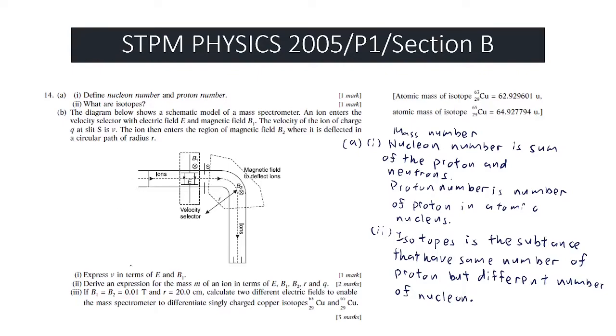So express v in terms of E and B1. In this case, you look at this region, you can see the ion is still going in a straight line. That means the force must be balanced out by the magnetic field force and the electric field force.